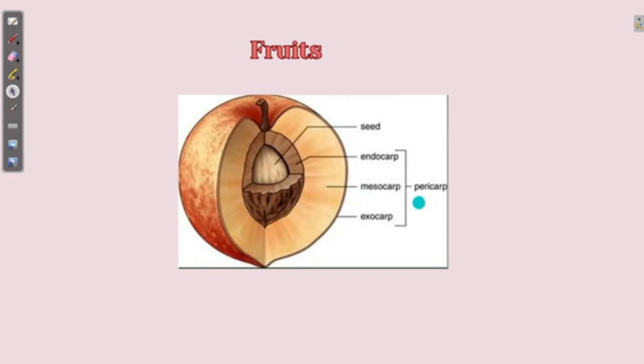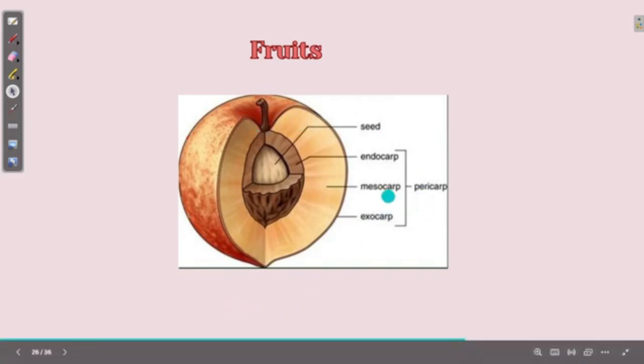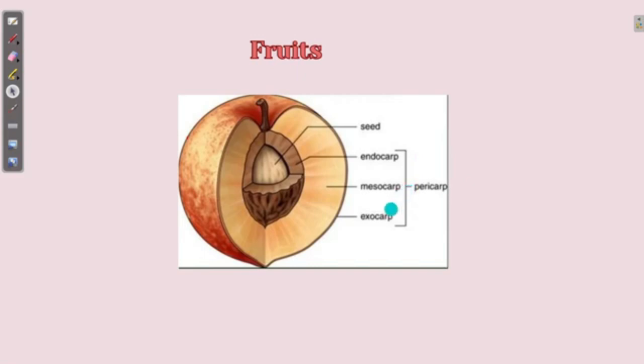We all know that ovary develops into fruit. So the wall of the ovary gets differentiated into pericarp. The pericarp may have an epicarp, mesocarp, and an endocarp.